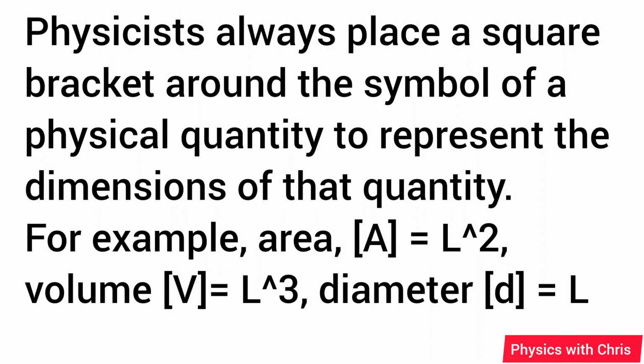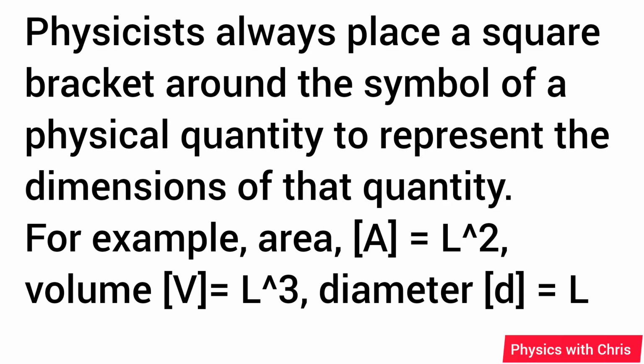Furthermore, physicists always place a square bracket around the symbol of a physical quantity to represent the dimensions of that quantity. For example, if I demand the dimension of area, I'm going to place A in a square bracket and then equate it to L squared.